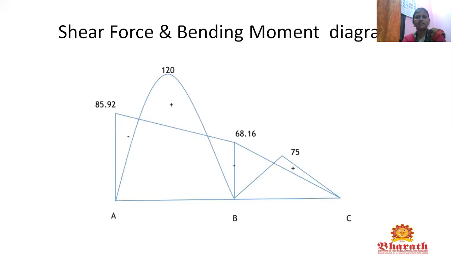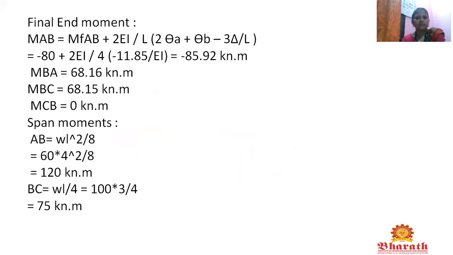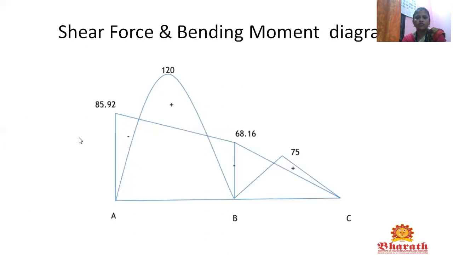Next, the last step is the diagram, that is the shear force and bending moment diagram. Whatever values we got in the previous steps, we use here. What is the moment at AB we got? That is minus 85.92, so we have to mark that as minus in the diagram.